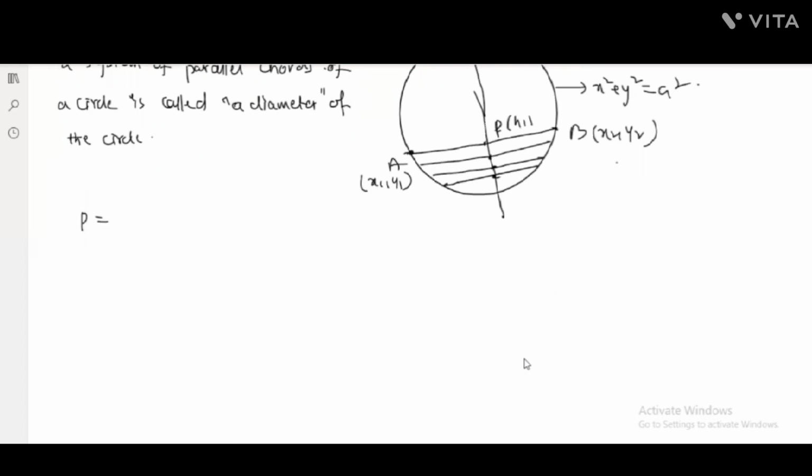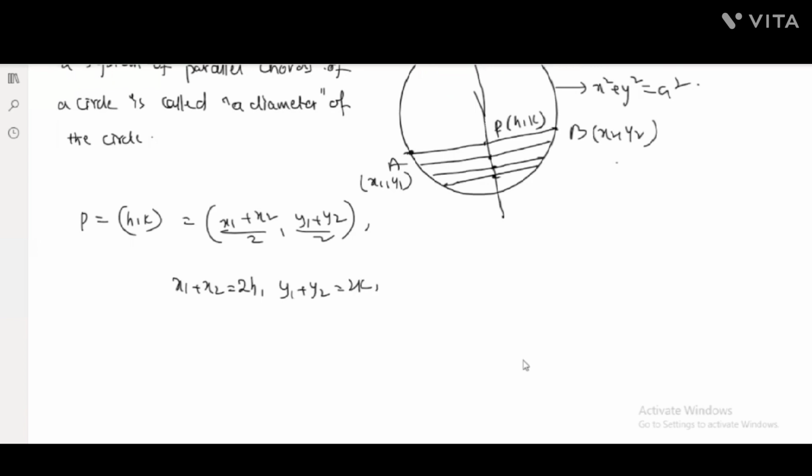Let us assume this is some h comma k. So h comma k will be (x1 plus x2) by 2 comma (y1 plus y2) by 2. So from here we will get x1 plus x2 is equal to 2h, y1 plus y2 is equal to 2k, right?